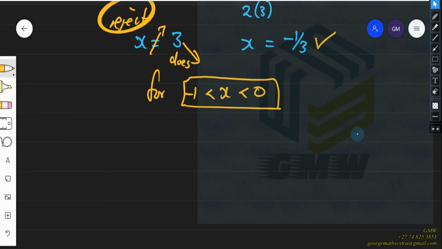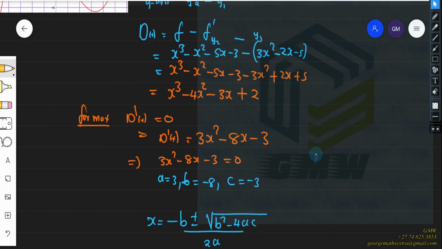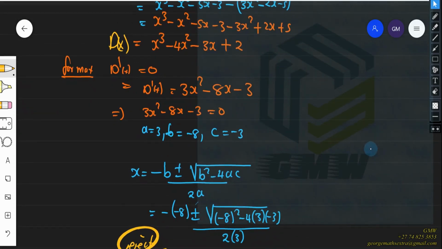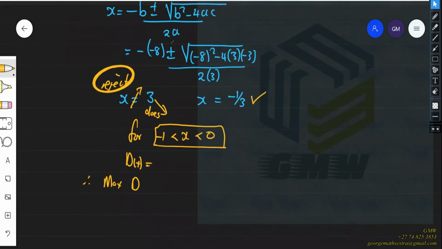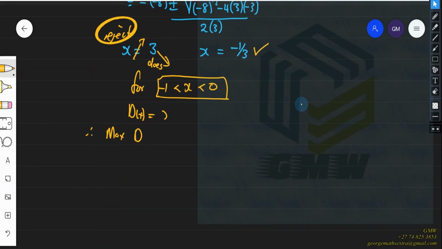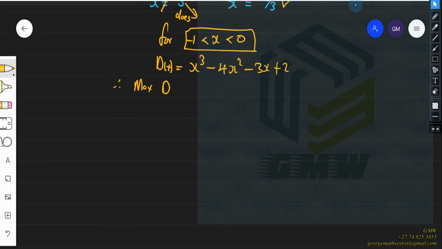which makes our x to be minus 1 over 3. So we can now say, therefore, maximum distance, remember our d of x, we got our d of x to be x cubed minus 4x squared minus 3x plus 2. So for maximum, we are now using the first derivative.